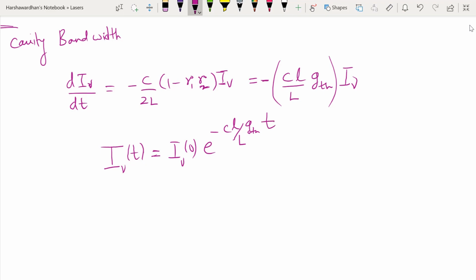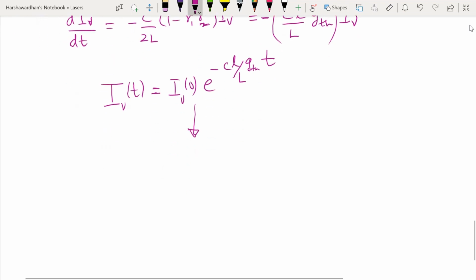Clearly, you will see that my intensity is decaying in time. For such an intensity, I can essentially guess what the electric field of the electromagnetic wave whose intensity is decaying will look like. So I can write down my E nu of t as simply some E naught at time t equal to 0.